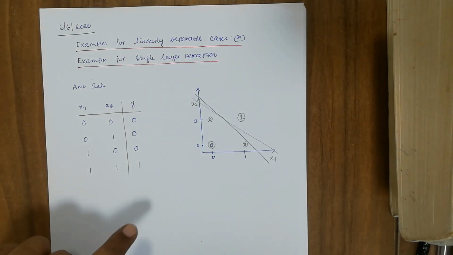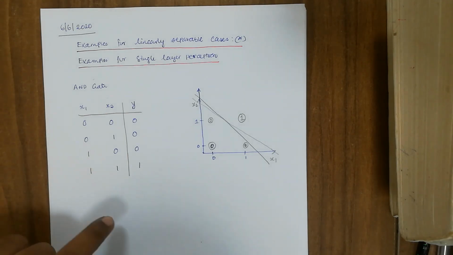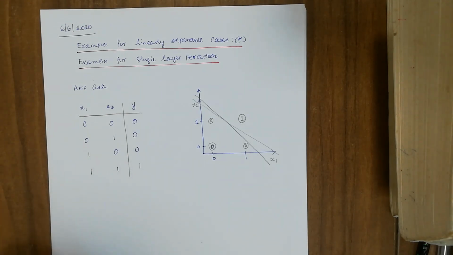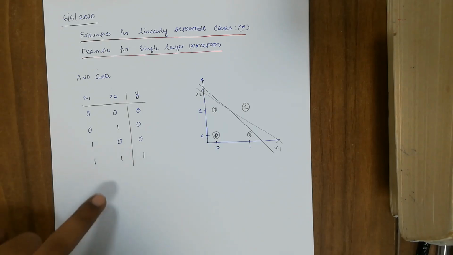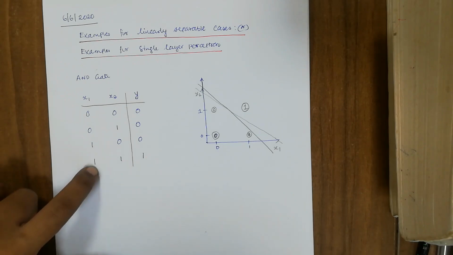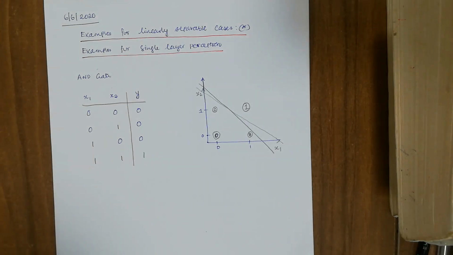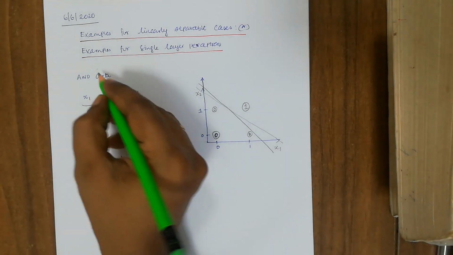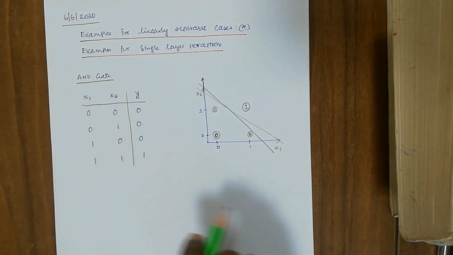This is an example of the linearly separable case. As we understood, if the features are linearly separable, we can design a single layer perceptron for such a problem. So there is definitely a possibility to go for the single layer perceptron for this AND gate.